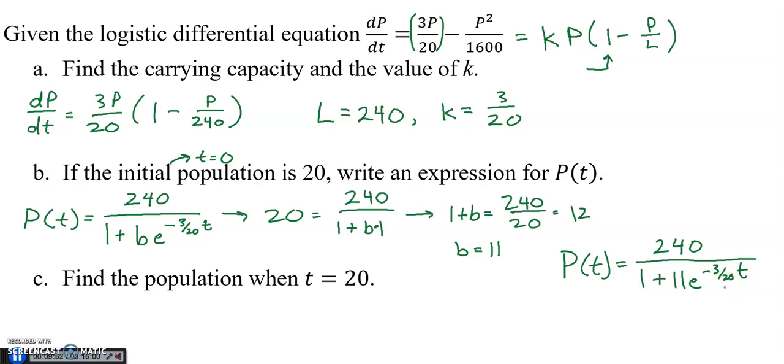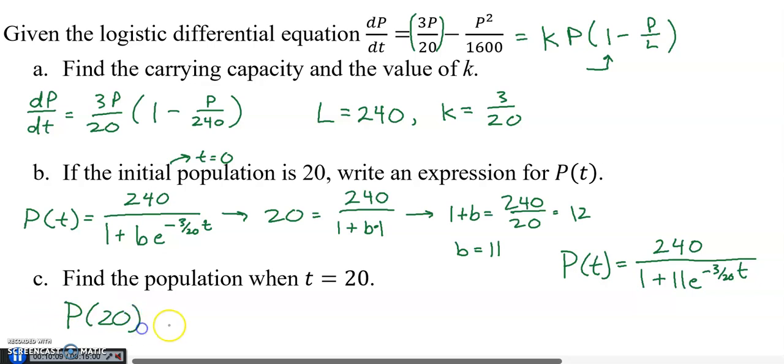Notice that all we were given was the differential equation and the initial value, and using the formulas that we had memorized, we were able to get that P of T function. Once you get that equation, it's extremely straightforward to evaluate P of 20. You just evaluate this fraction when t equals 20.